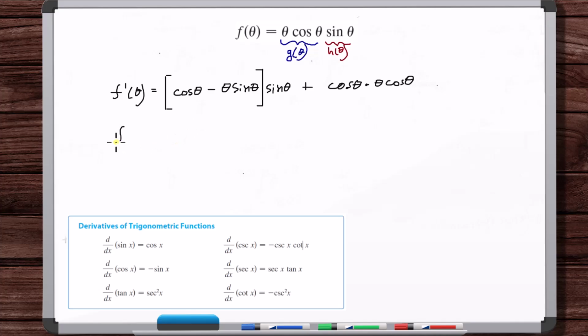Okay? So we've got sine theta cosine theta minus theta sine squared theta plus theta cosine squared theta.